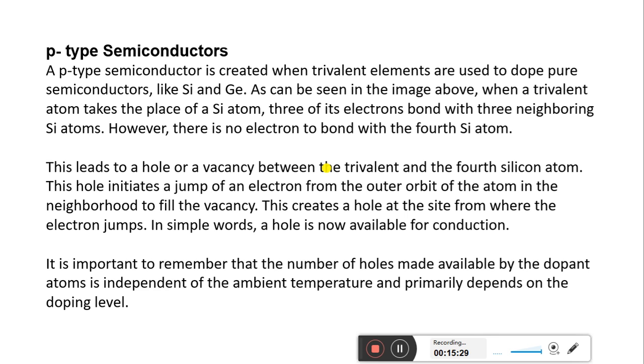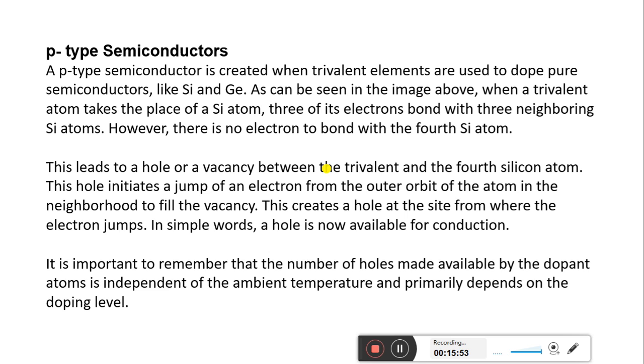It means three electrons of the trivalent atom can be shared with three electrons of silicon, and the fourth electron of silicon remains alone. There is no further electron which can share with the fourth electron.